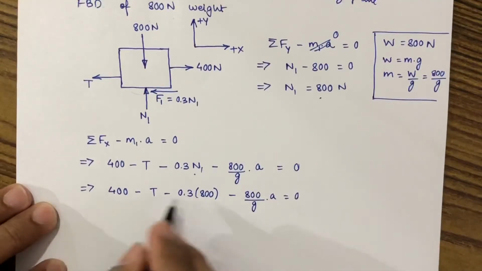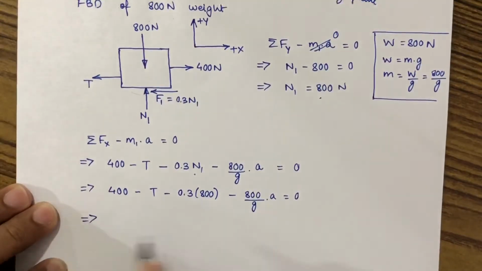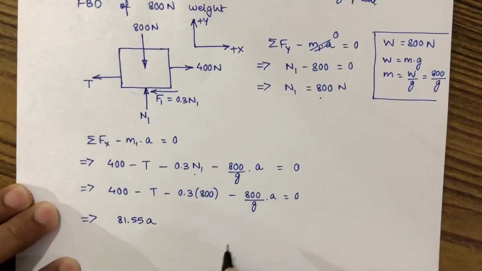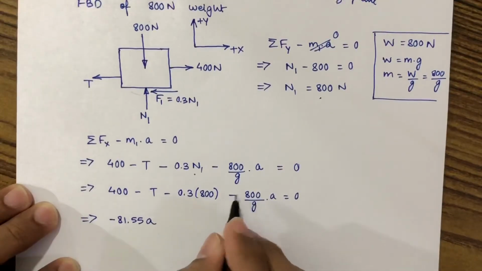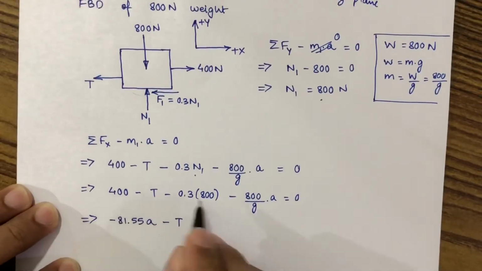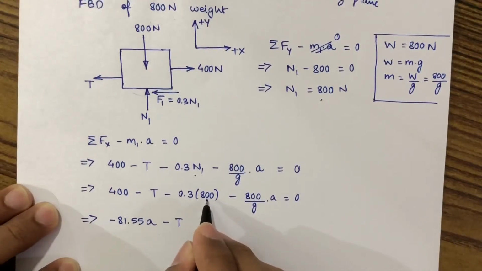So when we solve this, we will get this as 800 upon g, where g is 9.81. So when we solve this, we will get 81.55a. This is minus T, and this is 400 minus 0.3 into 800.